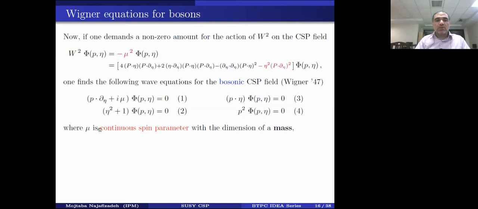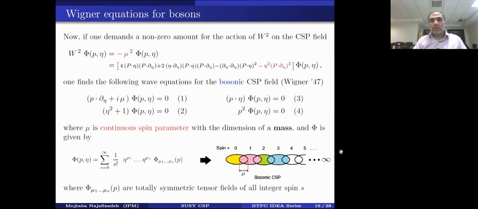In these relations, mu, as I said, is the continuous spin parameter with the dimension of a mass. And the field, phi, is given by this relation, as I already showed by this image. These can be equal. You have an infinite chain of all spins such that these states are mixed with each other through this mu.